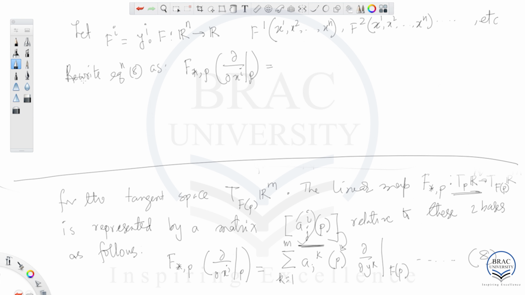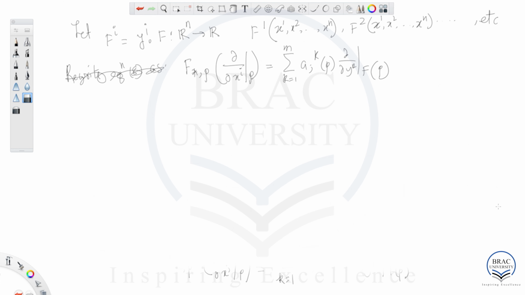No, we're not rewriting it. I'm just writing it again here, because I'm going to start from here. It equals the sum over k from 1 to m of a j k of p del by del y k at f of p. So now it's a very standard technique. It's going to be used many times later.